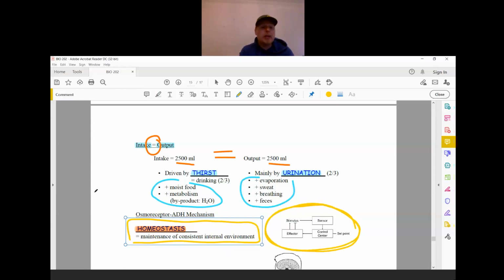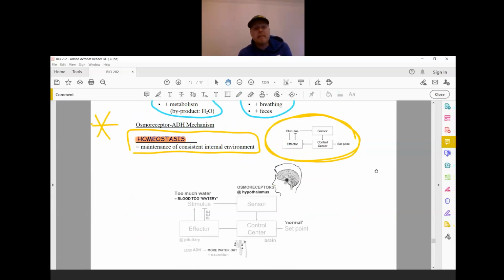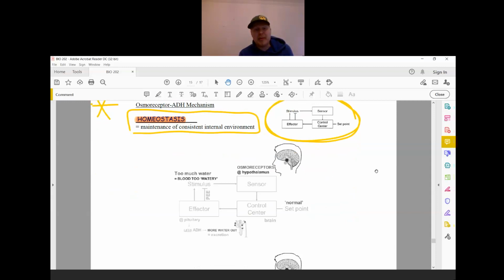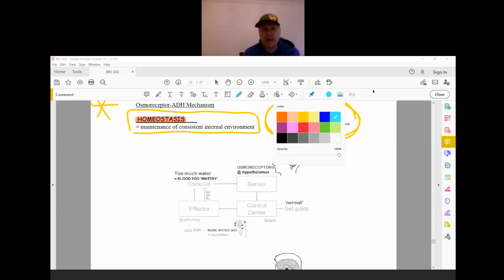And in this case, we are using it to explain the concept of the osmoreceptor ADH mechanism. And rather than learning something complex, I have simplified it for you simply by using this homeostatic control mechanism loop. So we're going to review this rather quickly, but we will review it nonetheless.